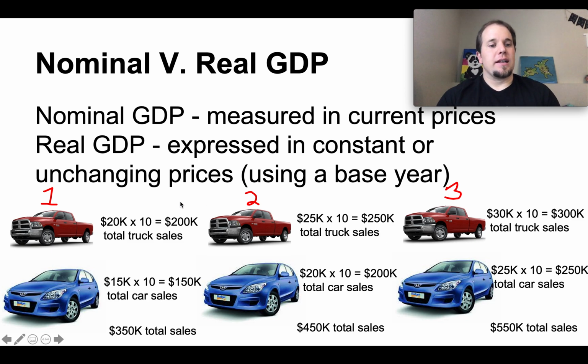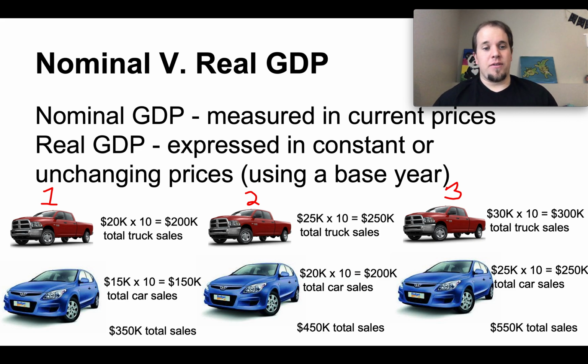So, let's say in year 1, and let's go back to our model that we're just selling trucks and cars. That's it, nothing else. And we're trying to calculate GDP. We sold 10 trucks and 10 cars at $20,000 and $15,000. Total GDP for that year would be $350,000.